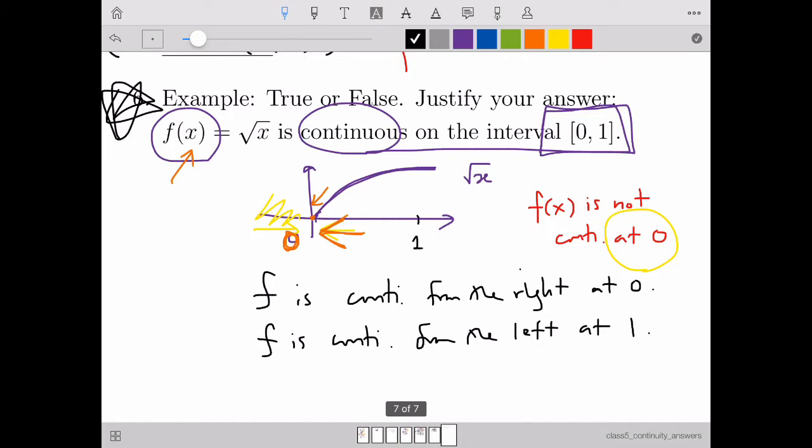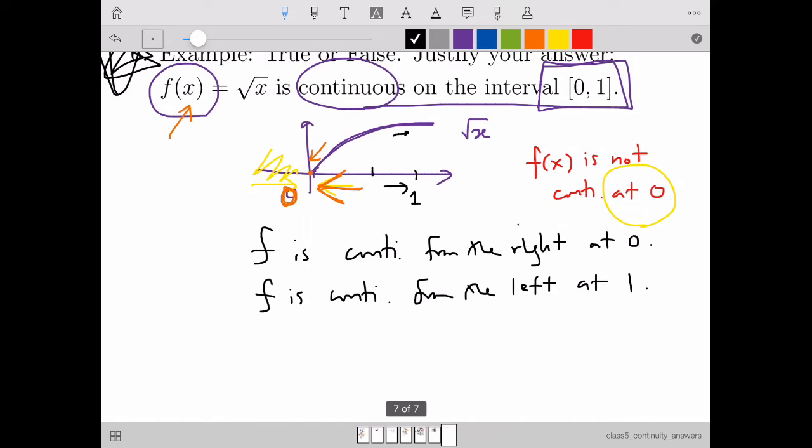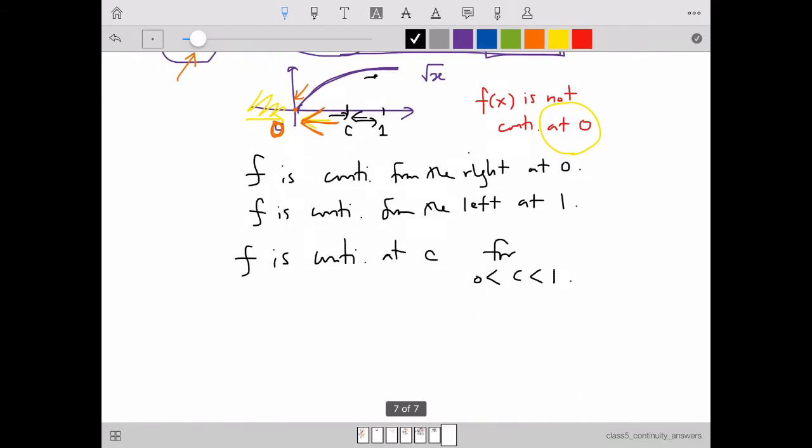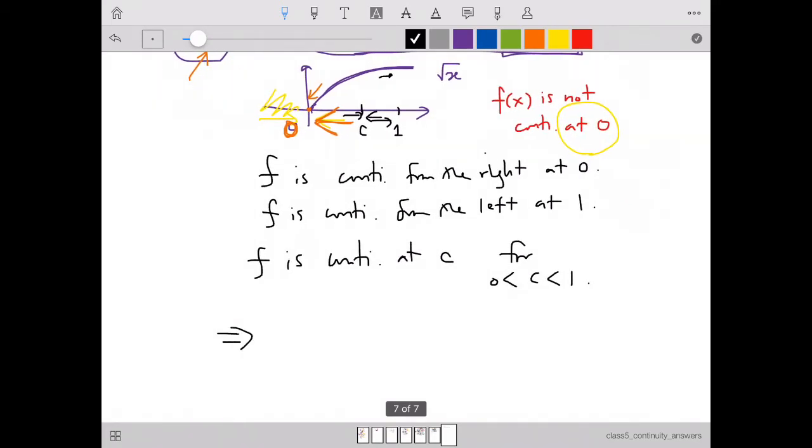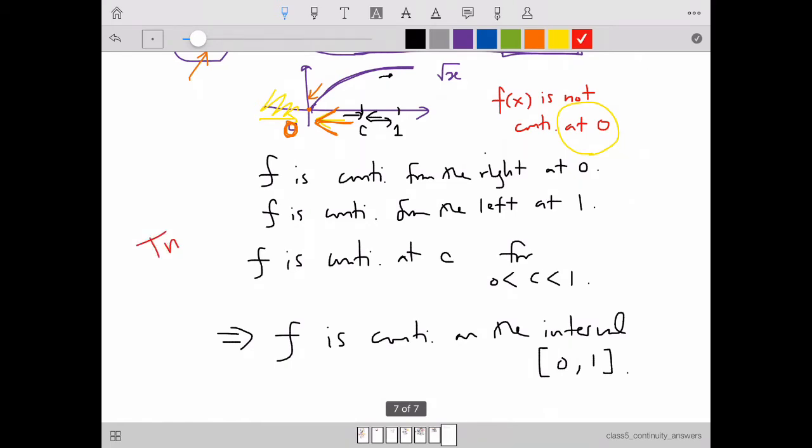At 1, it is continuous from the left, and at any point inside, it is continuous at that point. And f is continuous at c for c bigger than 0 and less than 1. So from these three conditions, we can say f is continuous on the interval [0, 1]. So this is true. True. Okay.